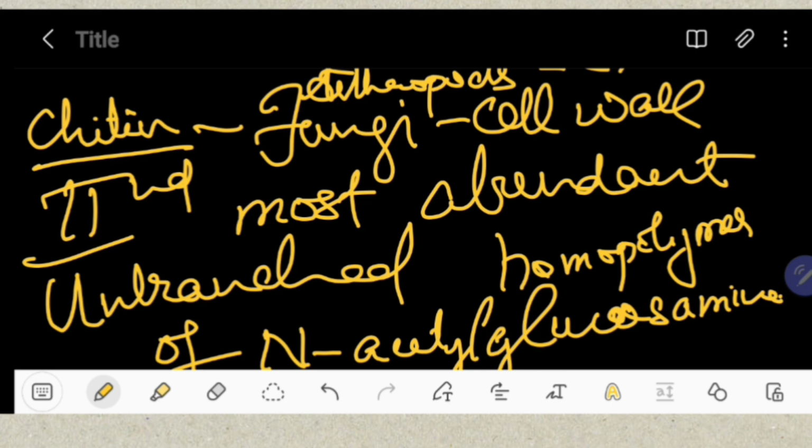Many N-acetyl glucosamine units combined together form chitin.